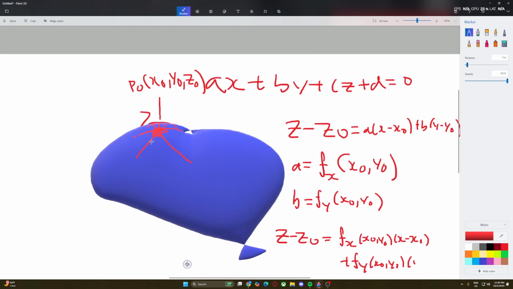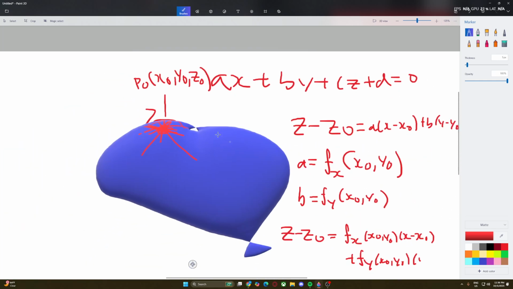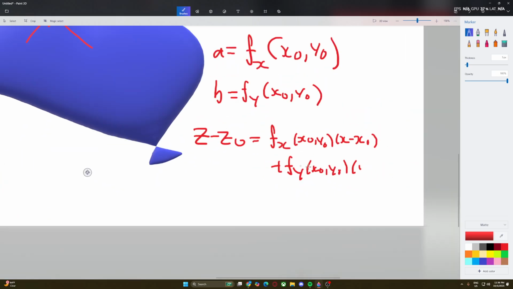These are the two lines that create this tangent plane, but it's not to say there aren't any other tangent lines at this point that are kind of important. Mostly fx and fy are pretty important tangent lines to know.